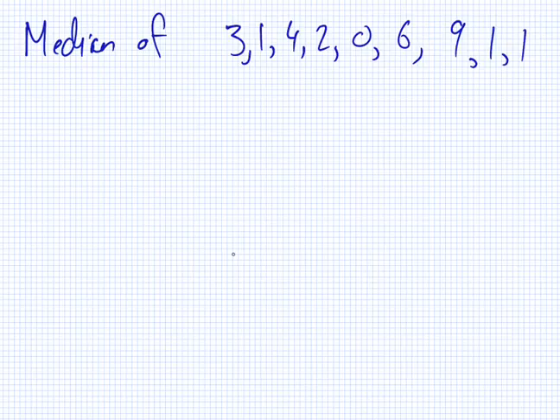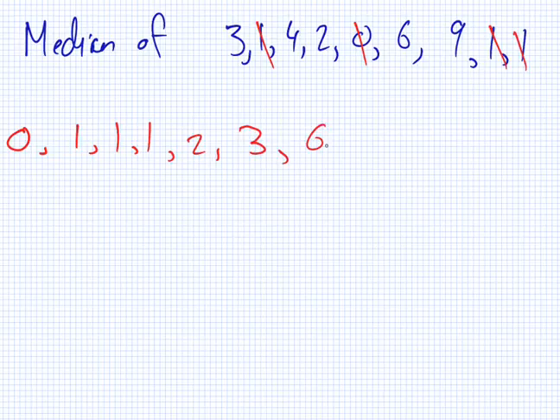Order them, yeah. So what we do here is we put them in order from smallest to biggest. So what's the smallest number here? 0. And then next? 1. Yeah, and there's actually 3 of them, isn't there? And then next is a 2, a 3, a 4, a 6, and a 9.